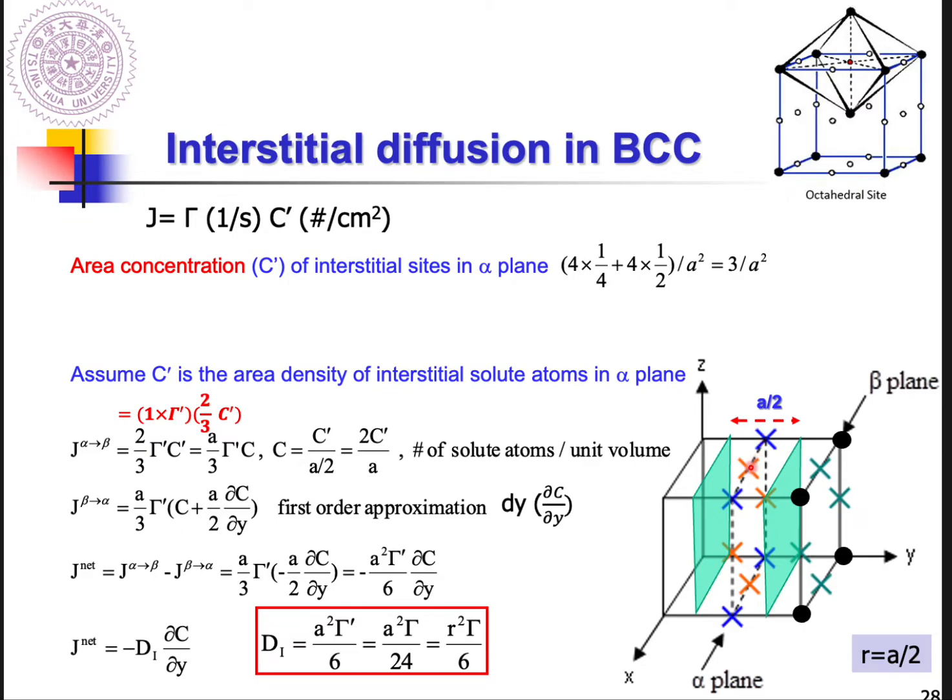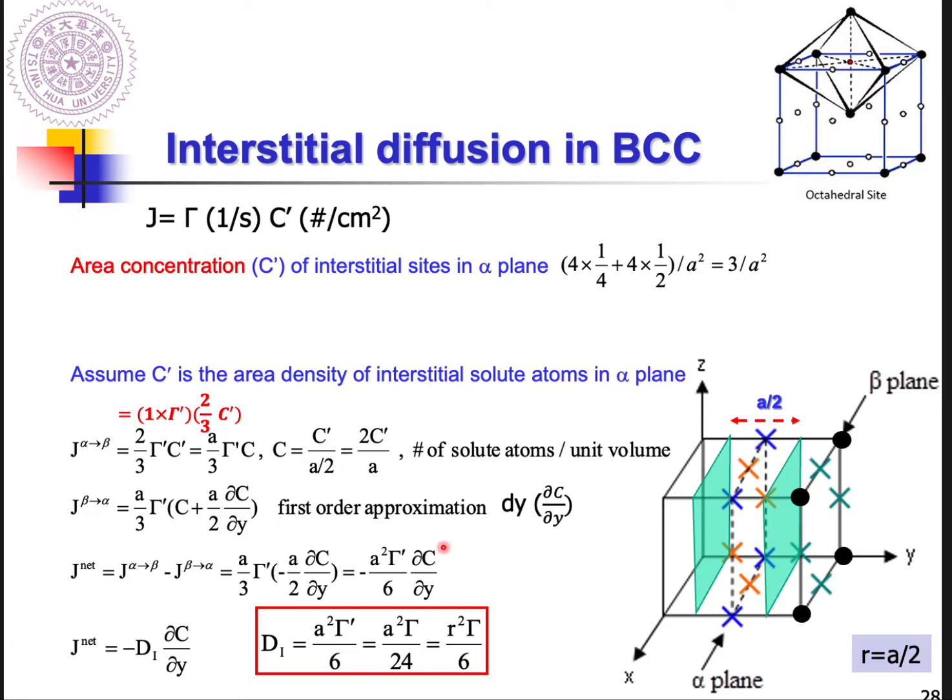The idea to get the net flux in the BCC structure is, first of all, to determine the direction of the flux. We assume the flux is toward the right-hand side. So the net flux equals the flux from alpha to beta minus the flux from beta to alpha, and then we get the net flux to the right-hand side, right?